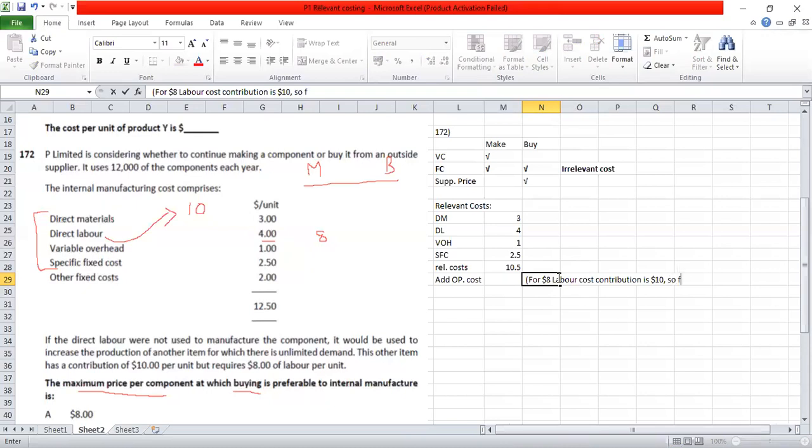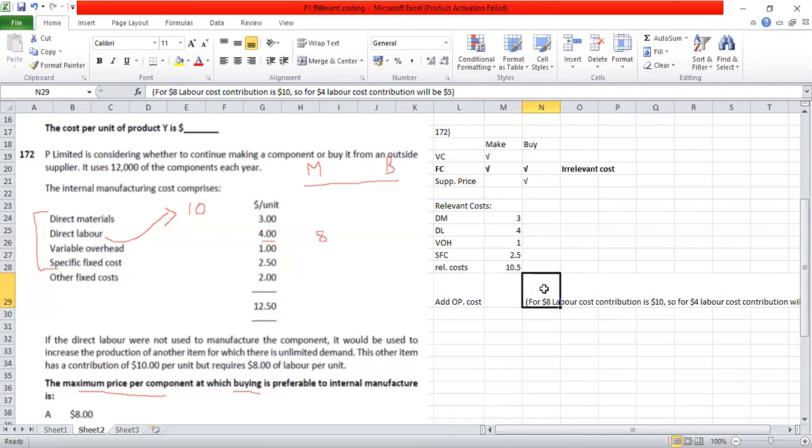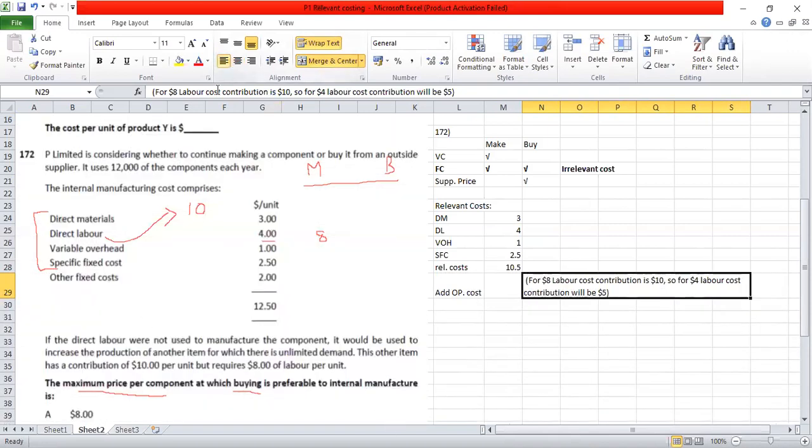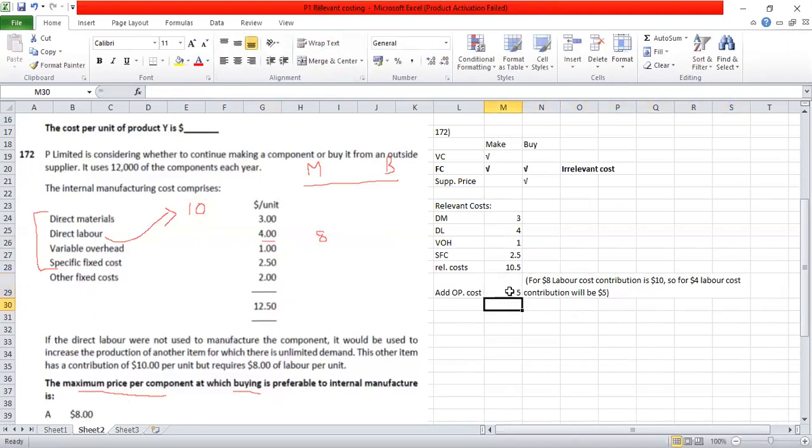So for $4 labor cost, contribution will be $5. We have 15.5.